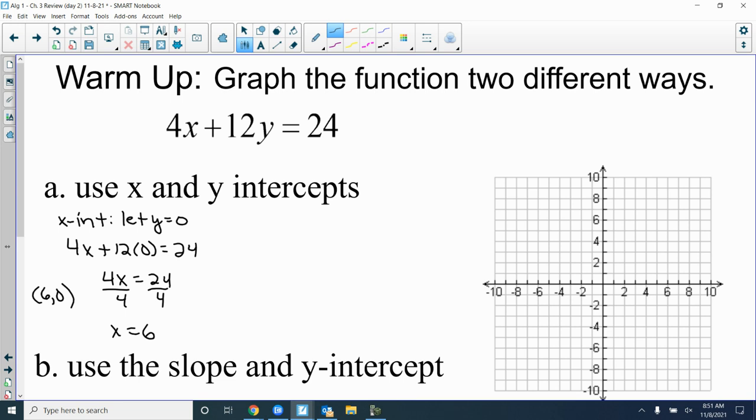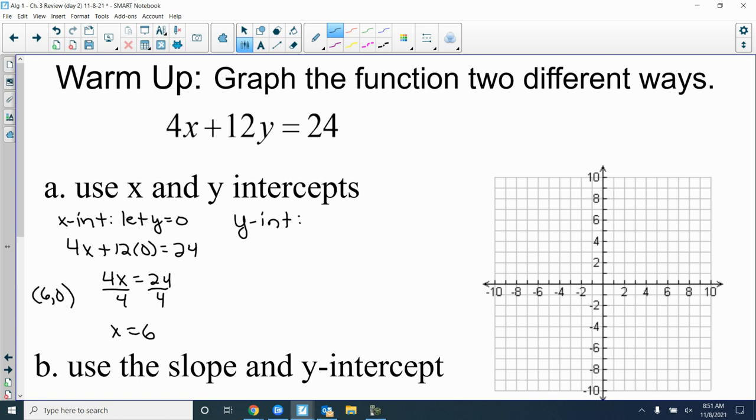All right. Maya, y-intercept. How do I find it? What do you think? Backtrack. Think opposite. For the x-intercept, what did I let equal 0? What's that variable there?